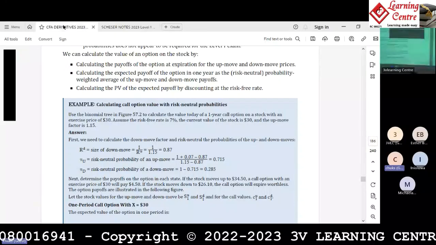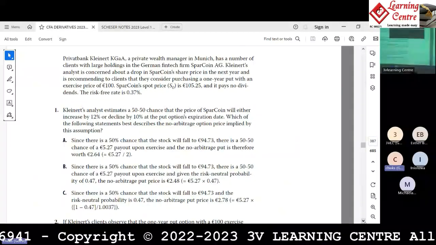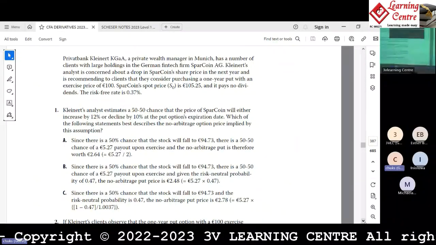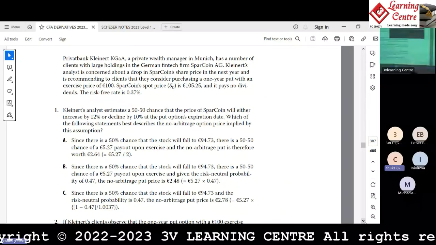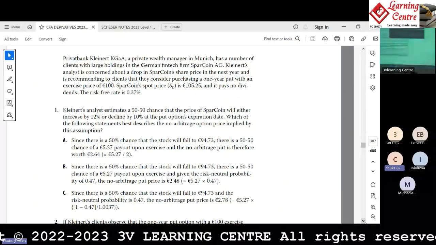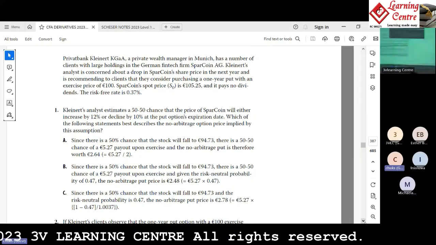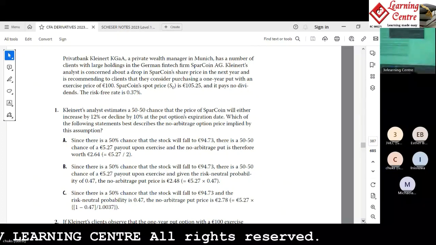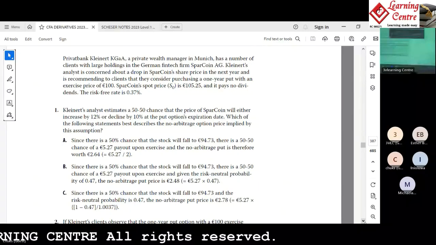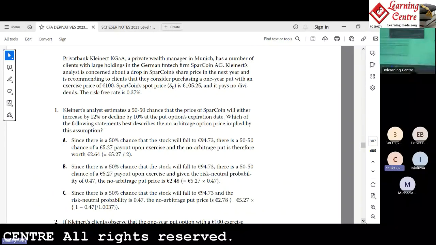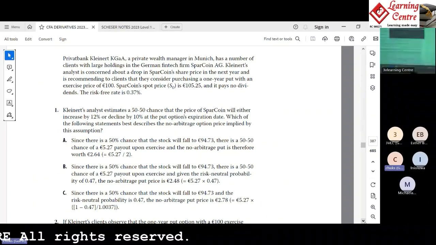So we go back here and we have said that in this case, we've been given the risk-free rate. What's the risk-free rate? The risk-free rate here is 0.37.